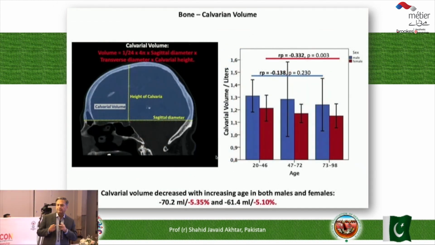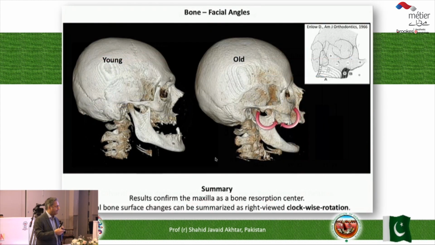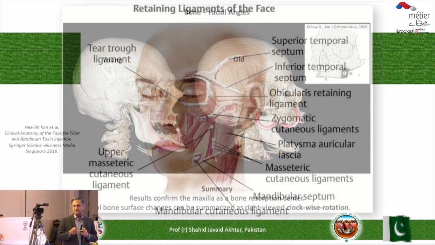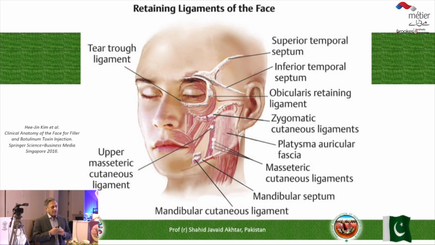The volume of the skull itself also decreases. There is about 70 milliliters, meaning 70 syringes of hyaluronic acid, needed to compensate for this decrease in volume of the skull, and this is seen by the age of 70. The changes are especially prominent in the maxilla, and as I said earlier, that's why we inject the deep medial cheek compartment.